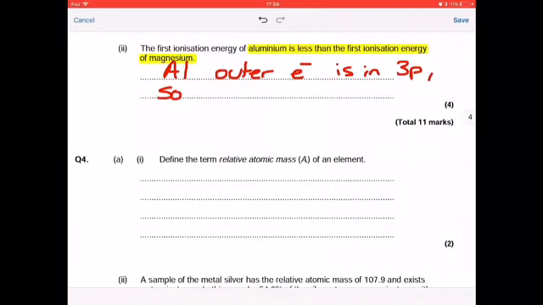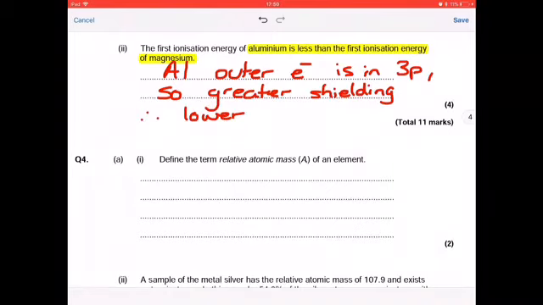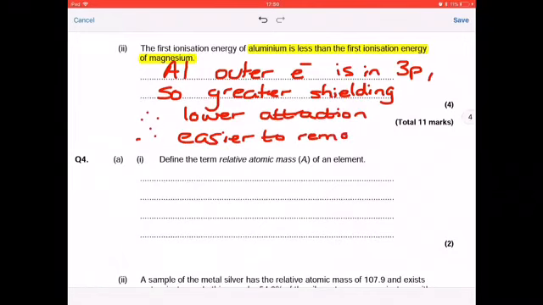So there is greater shielding because it's further away from the nucleus, therefore a lower attraction, and then again therefore it's easier to remove, and that gets you the 2 marks for that one there.